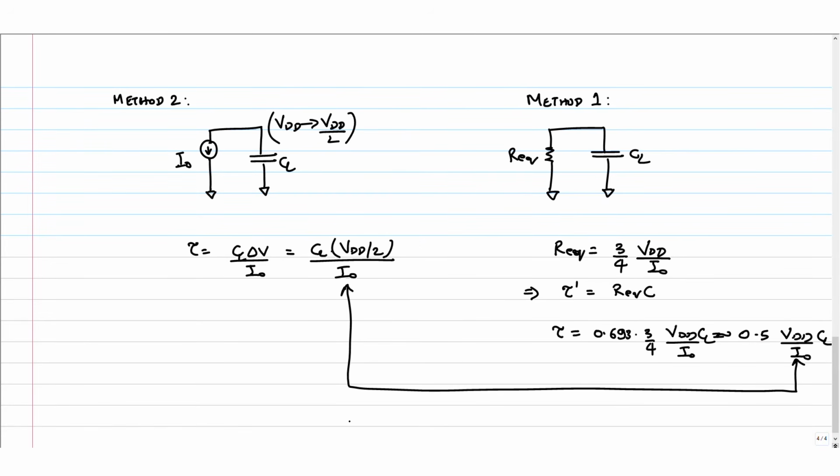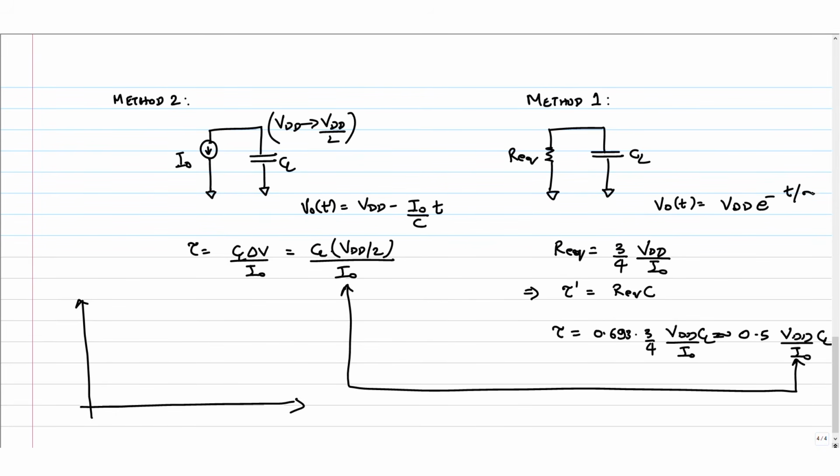Now obviously if lambda is 0, then the constant current source model is the right model, because the transistor is a current source. Okay, so if you look at the model that we are using for delay, this guy, V naught of t, will start from VDD and then go linearly, right. What is this? C dV by dt equal to I, so I naught by C into t. Whereas this guy, V naught of t is VDD e power minus t by tau prime.